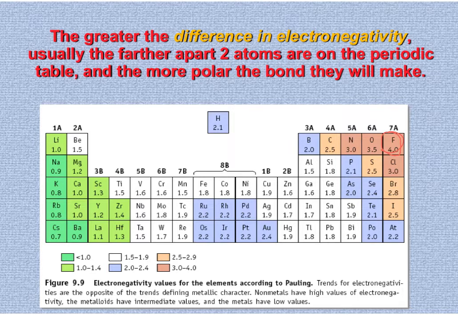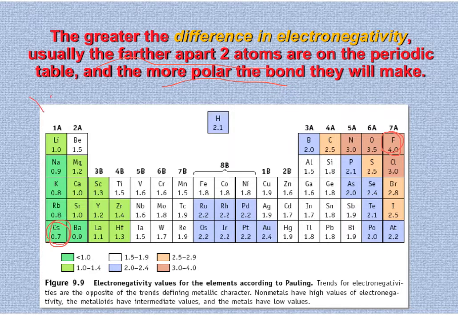So you can see that cesium down here in the lower left corner has the lowest electronegativity. And a trend that's important to know is that the farther apart 2 atoms are on the periodic table, in general, the more polar the bond's going to be. That makes sense, right?